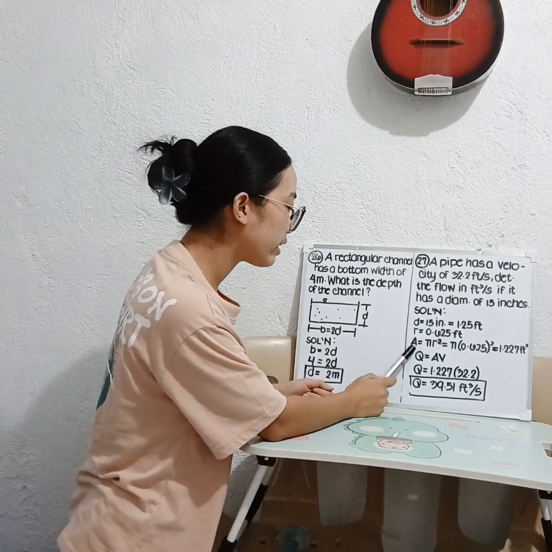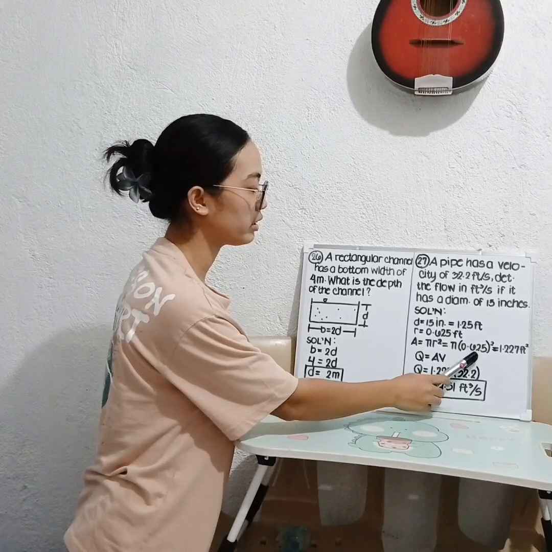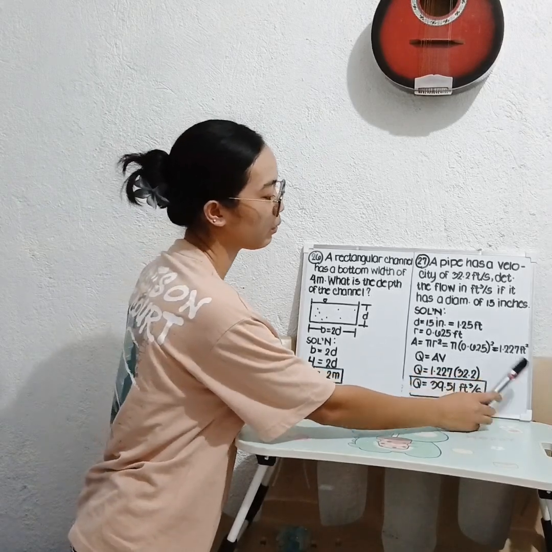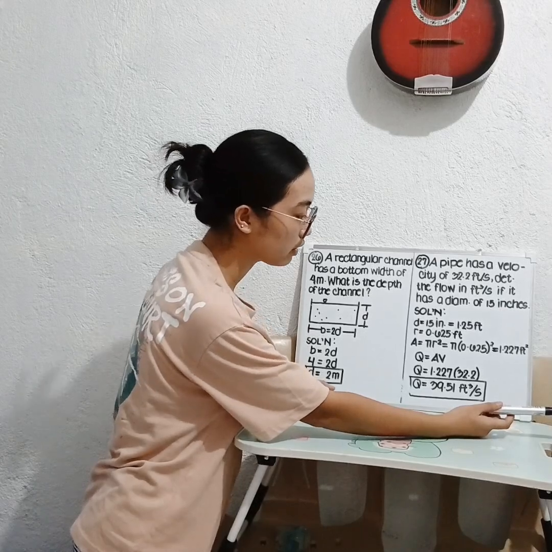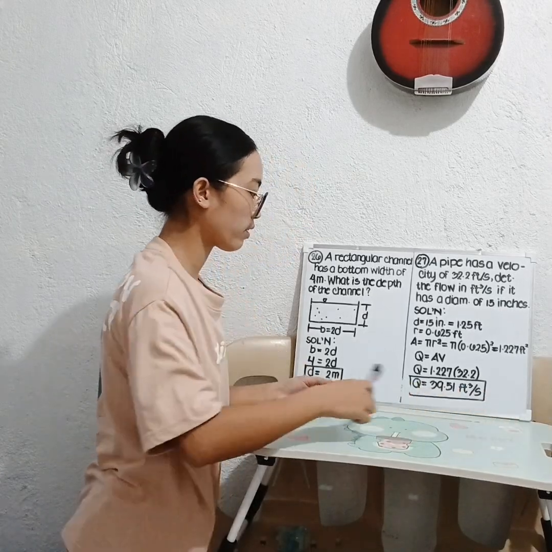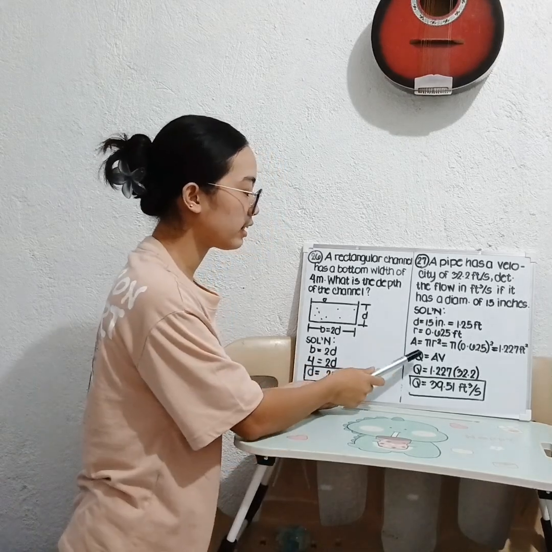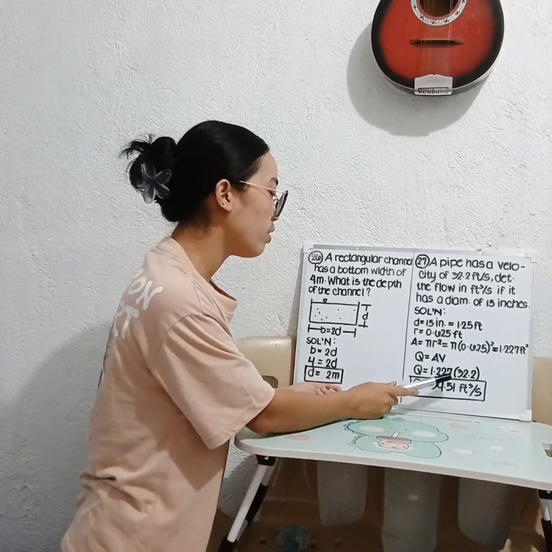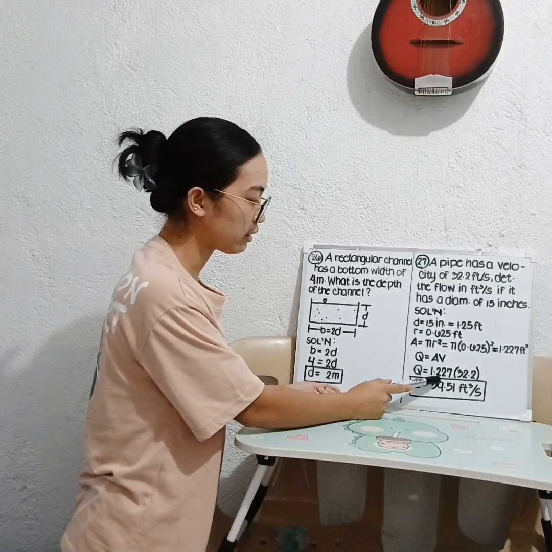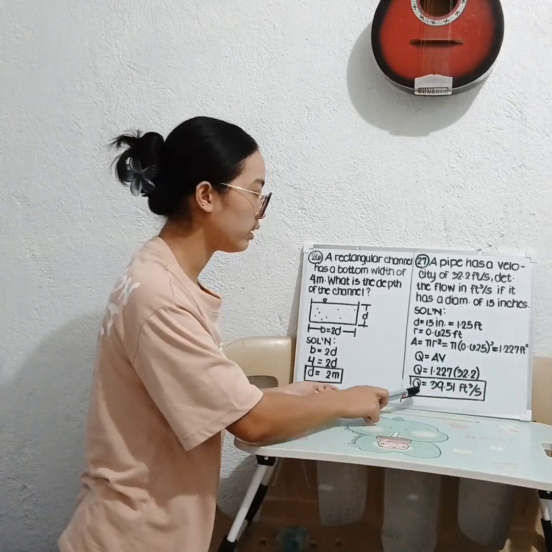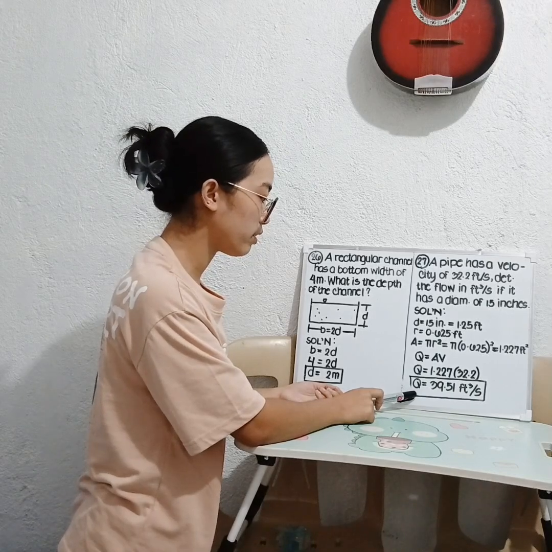Then our area is pi r squared is equal to pi times 0.625 squared is equal to 1.227 feet squared. Then we use the formula of discharge is equal to area times the velocity. We have Q is equal to 1.227 times 32.2. We have the discharge of 39.51 cubic feet per second.